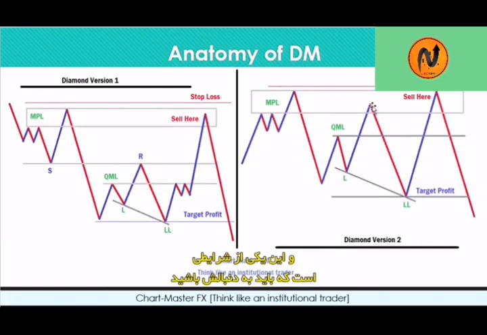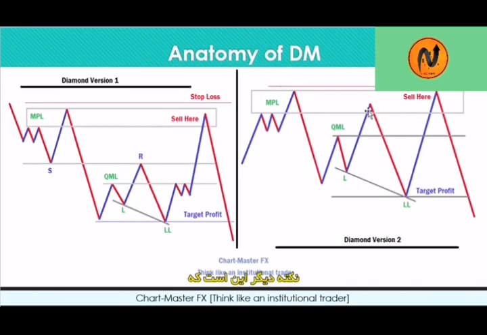So this is one of the conditions, guys, that you need to look for. Once this higher high has been able to get into the MPL area, then you can consider that a significant version of the diamond.